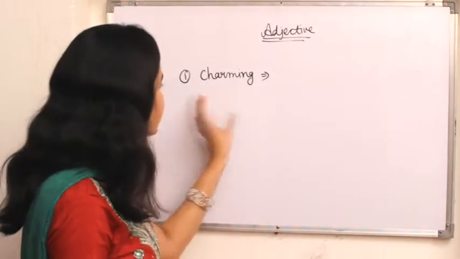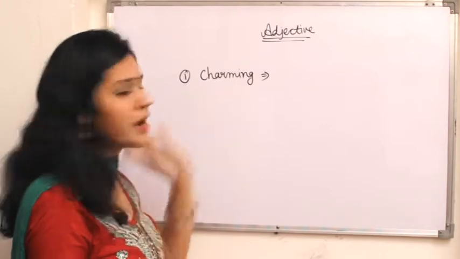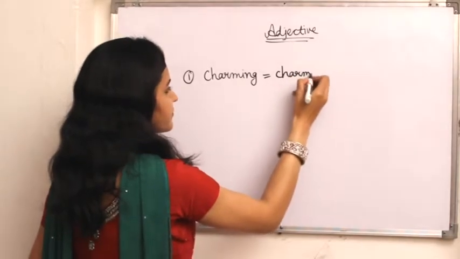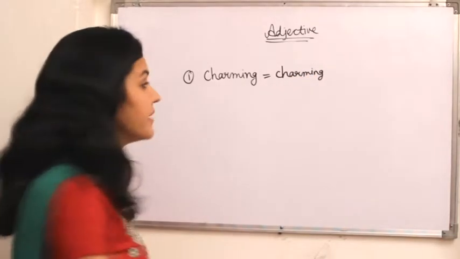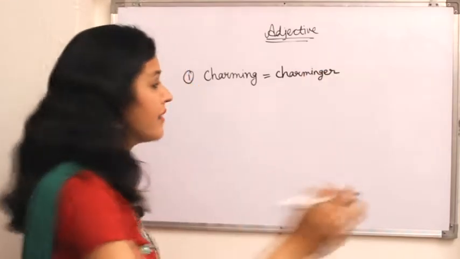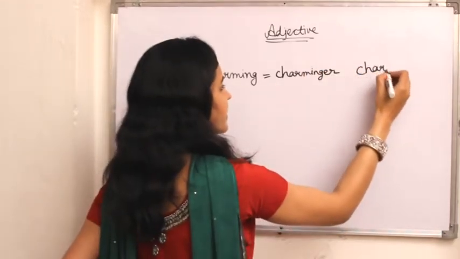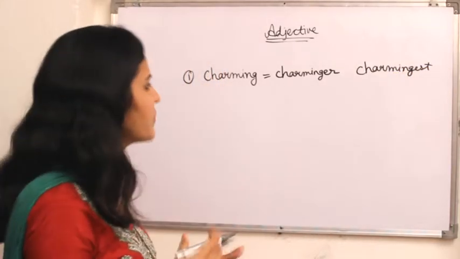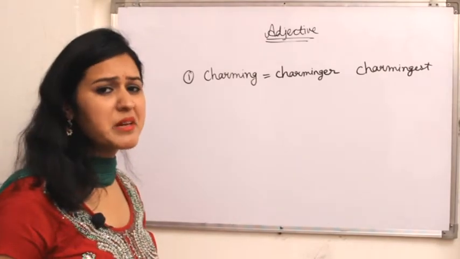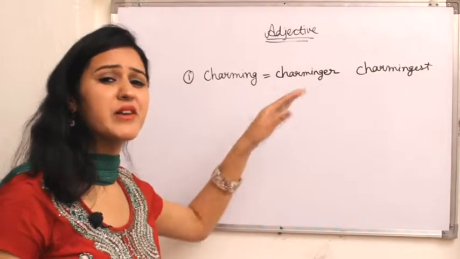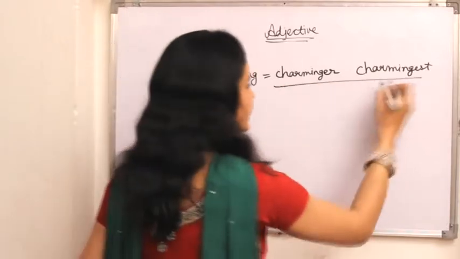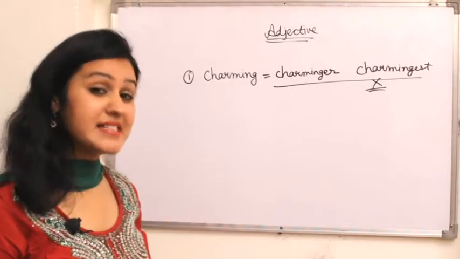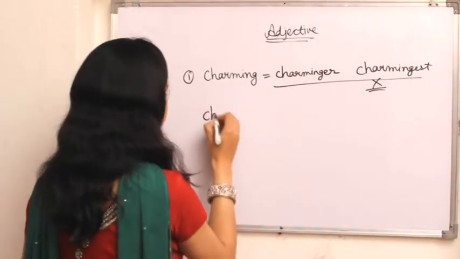Because if I write here charming and put here er and in superlative, so from its behavior, if we speak that way, it seems very rough and it is incorrect. So what is the exact answer for charming?